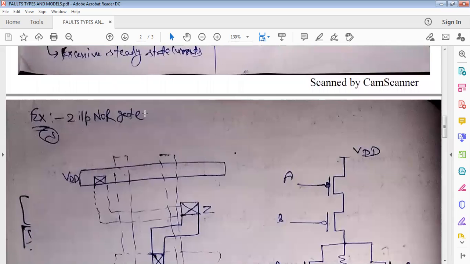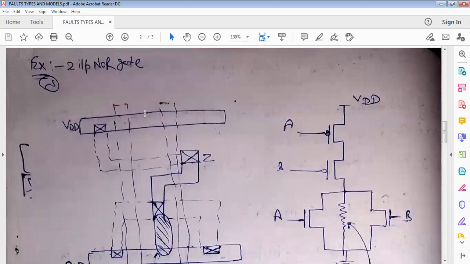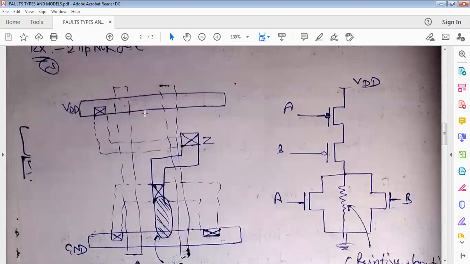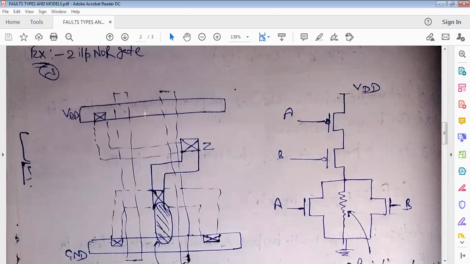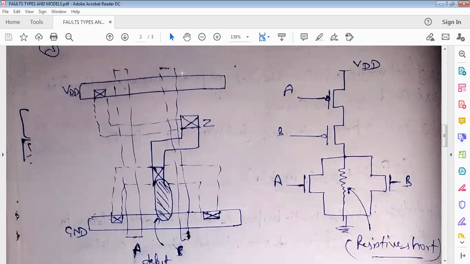Okay. So let us try to understand all these faults by considering this example. Suppose we are fabricating a two input NOR gate. This is the layout diagram of a two input NOR gate. Here, at the time of fabrication, this defect has occurred. This defect is basically a short path between ground and the common drain terminal of the NMOS transistors.